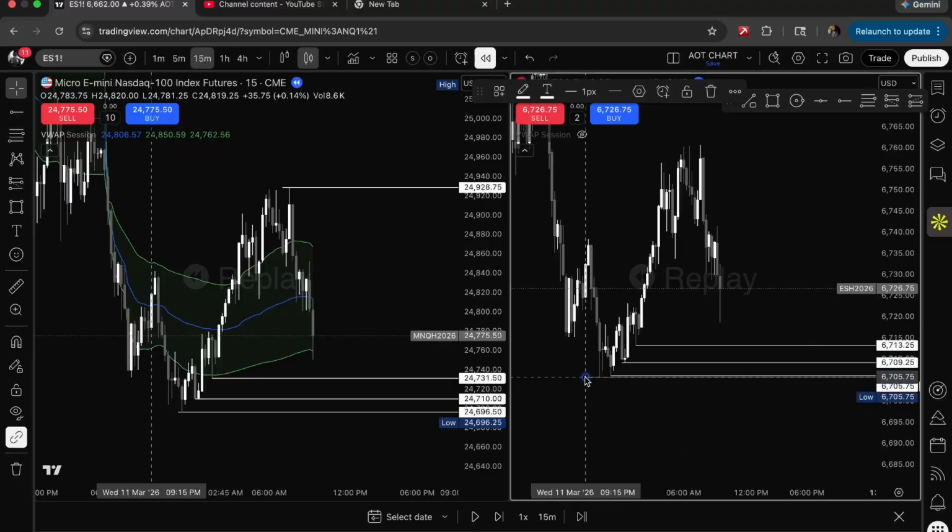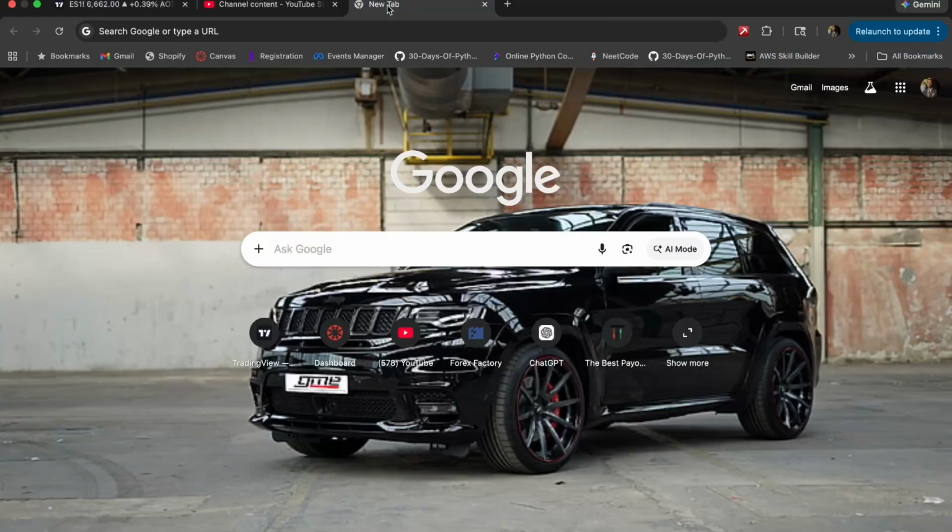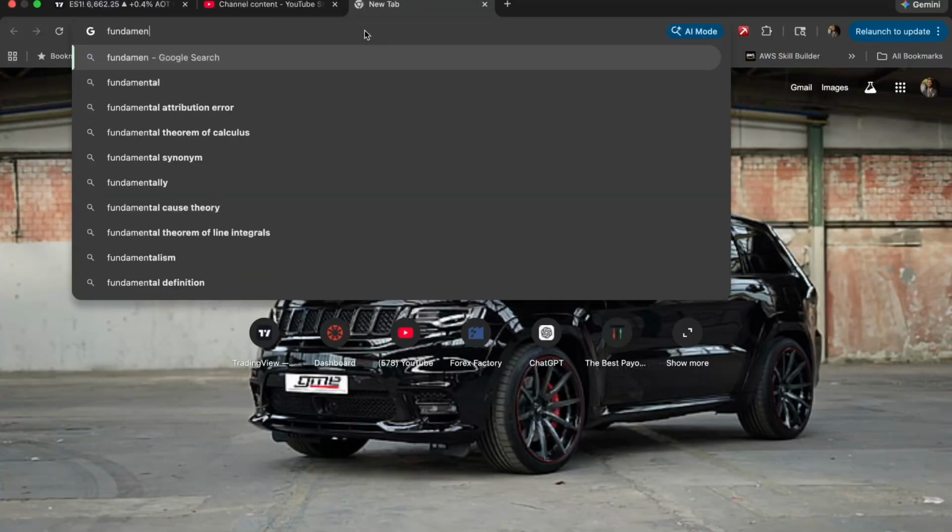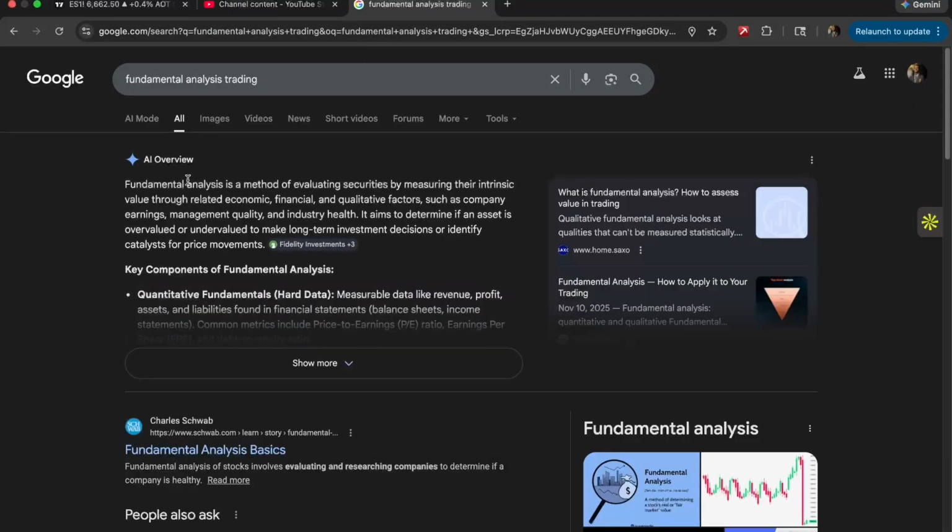I forgot what fundamental. That bullish SMT. Yeah, we got bullish SMT at the low. Oh, okay. Yeah, so fundamental analysis is basically like understanding a company's value, or more so understanding the economy and stuff like that.